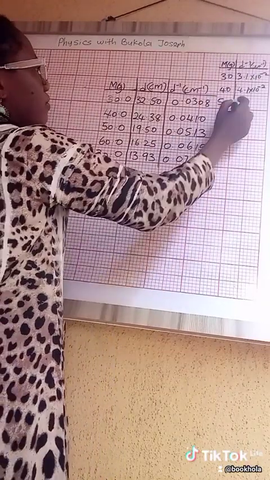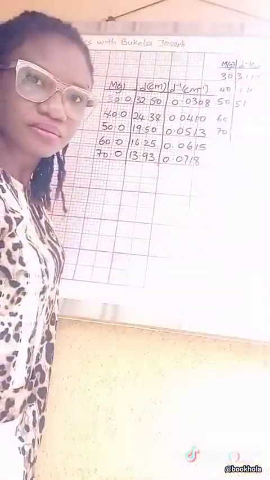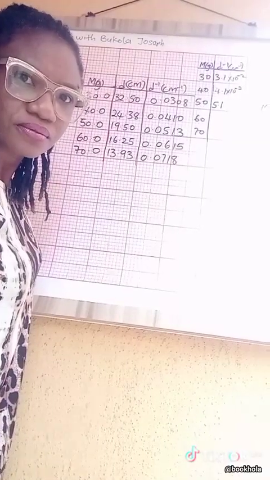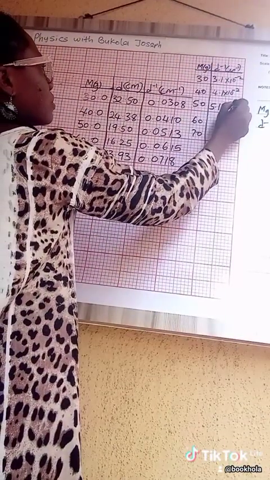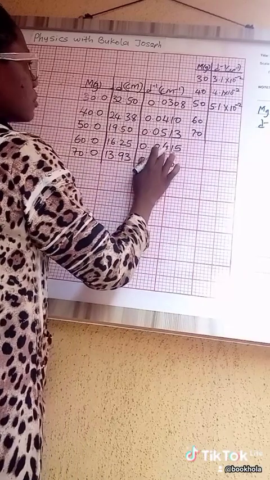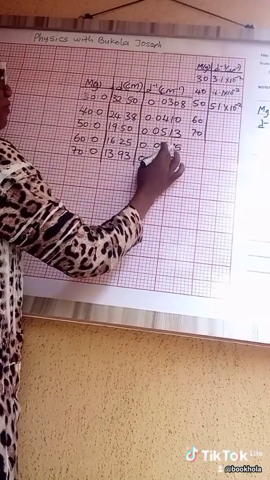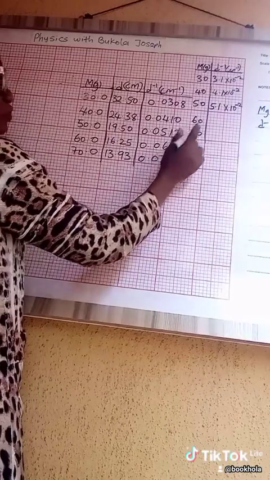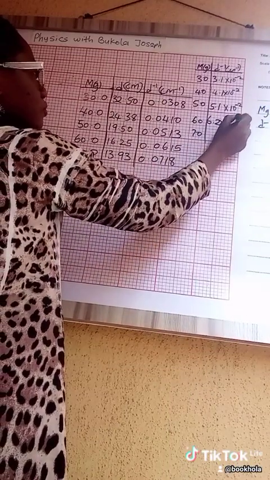This will be 5.1 times 10 raised to the power minus 2. This one is not up to 5, so it's going to be 1. So we have 6.2, because this is up to 5, so 6.2 times 10 raised to the power minus 2.